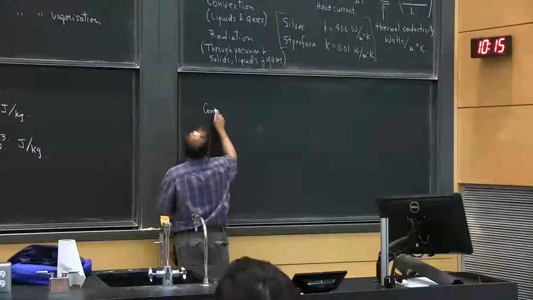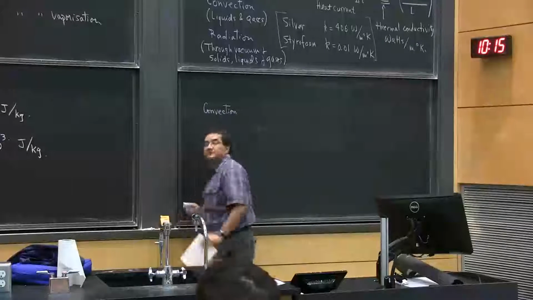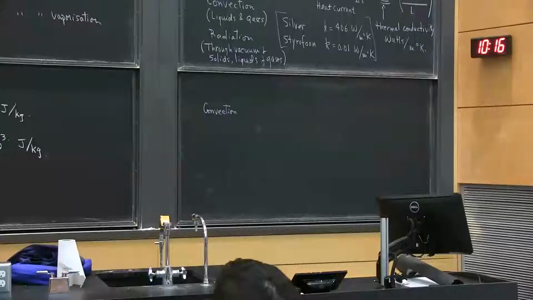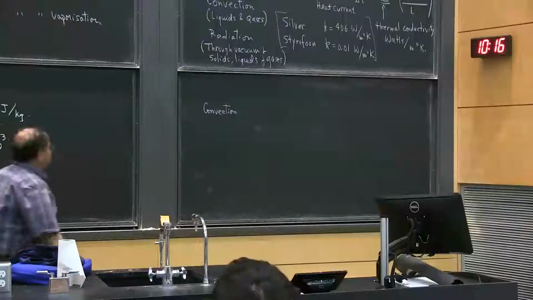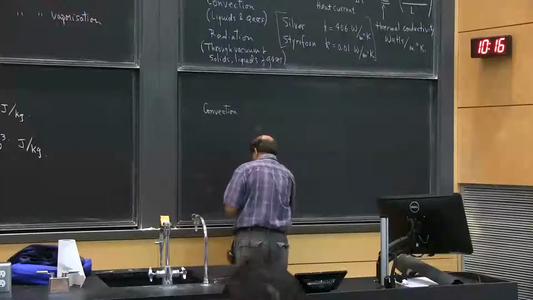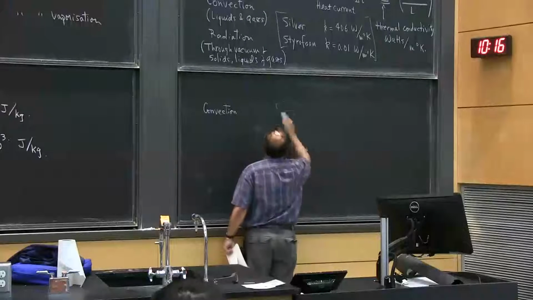Convection, by the way, plays a huge role in our weather, right? Because we know for a fact that ground can be warm, water surface can be cold, and hot air and cold air motion is controlled by such things. Hot air being lighter, cold air being heavier. So let's take a simple case. Let's take some liquid.